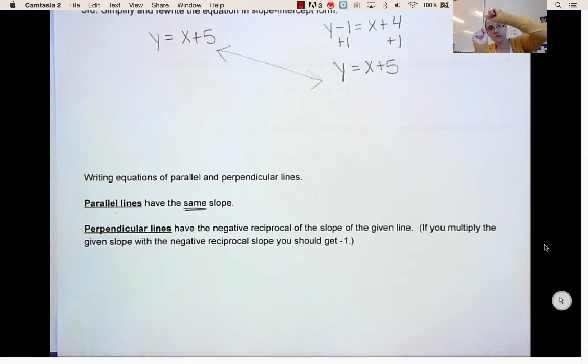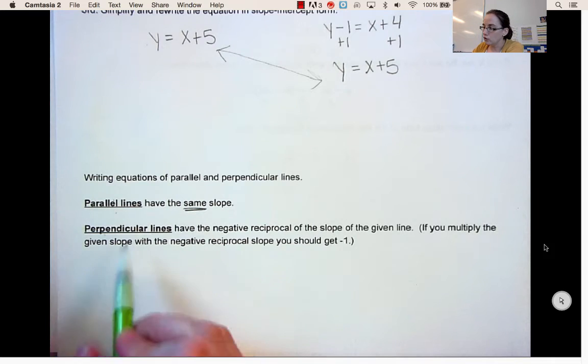If there's any difference in the slope, they're going to run into each other. With perpendicular lines, we need them to intersect in a special way. When they intersect, we need it to create 90-degree angles or right angles at that intersection point.